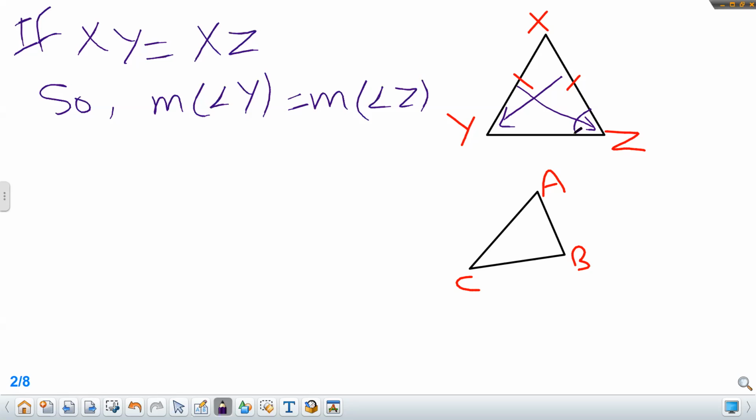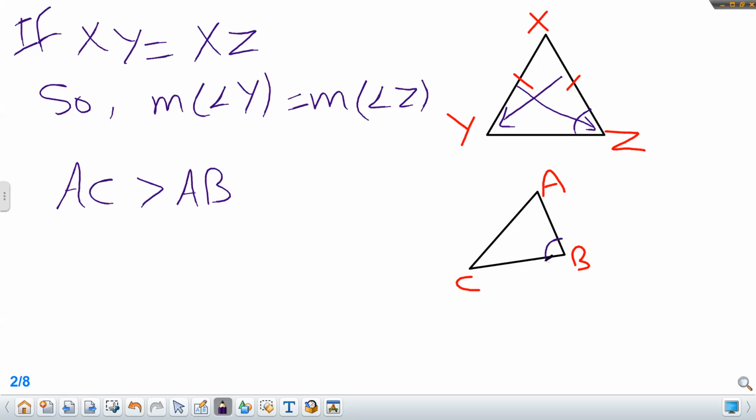Okay, look at the other triangle ABC. We noted that AC is bigger than AB, right? So if AC is bigger than AB, ask yourself, what's the angle which is opposite to side AC?